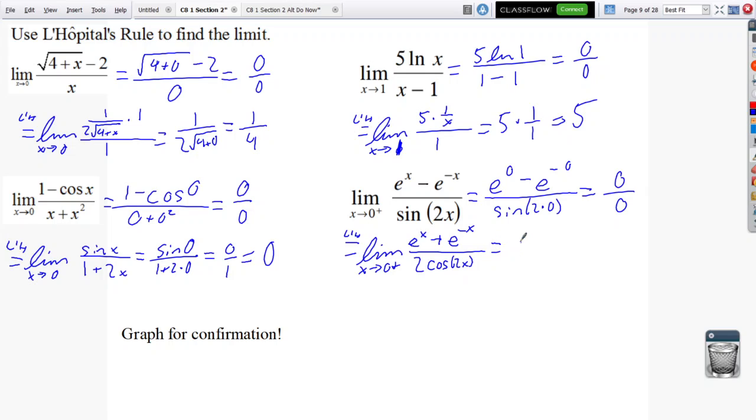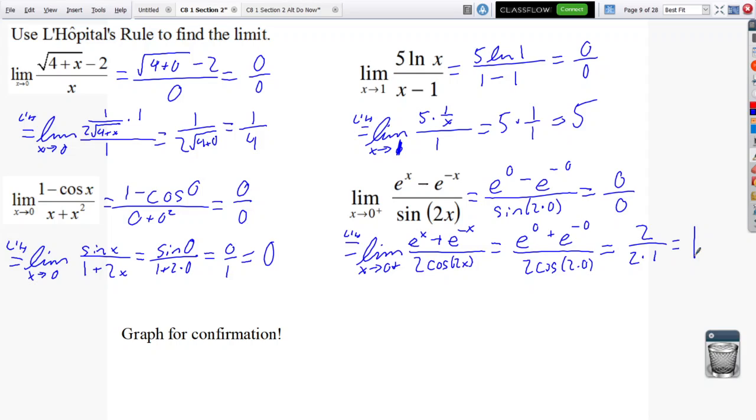So now, plugging it in, we have e to the 0 plus e to the negative 0 over 2 cosine of 2 times 0. 1 plus 1 gives me 2 over 2 times cosine of 0, which is 1, which gives me 2 over 2, which is 1.